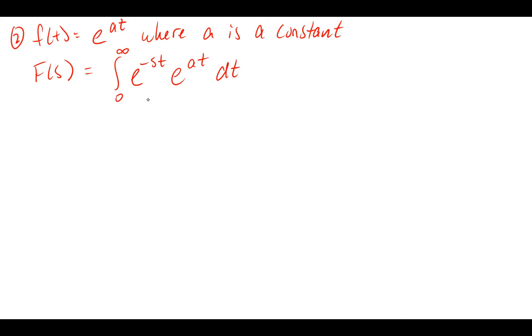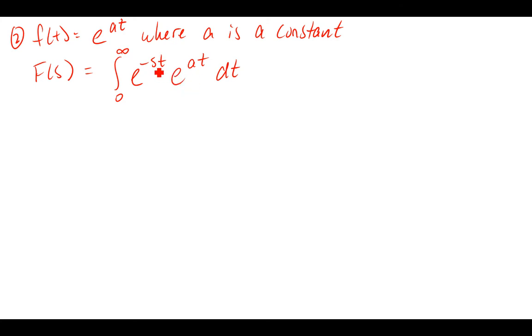Now, just keep telling yourself, in terms of the integral, s is a constant, t is the variable. Of course a is a constant as well. So negative s and a are both constants. So I might say to myself, I could at least group those together.